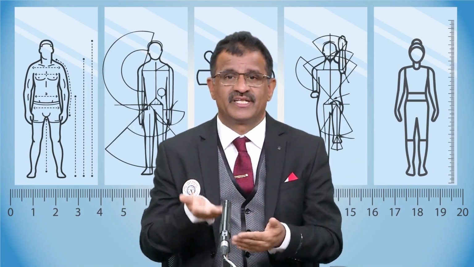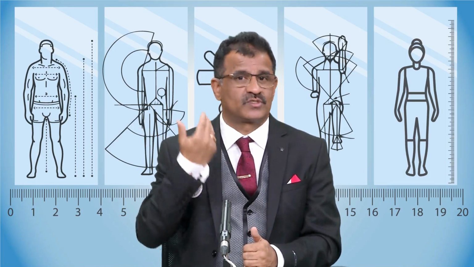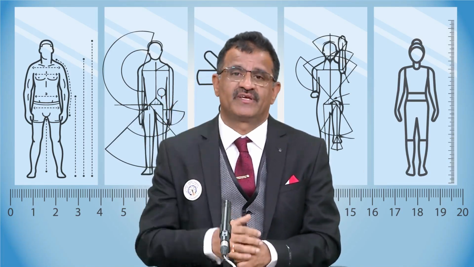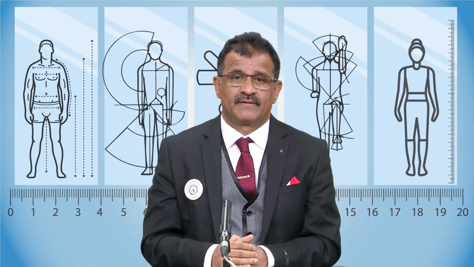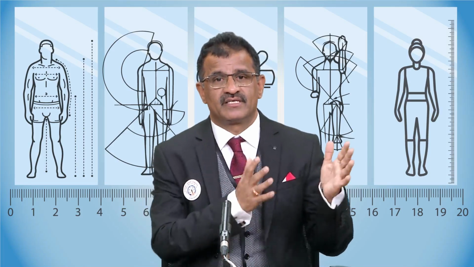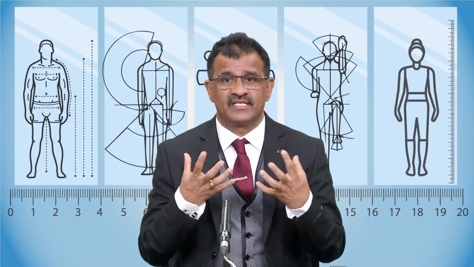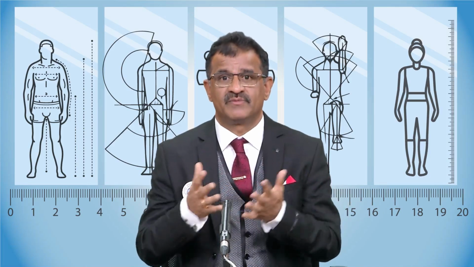So I told you in the beginning, eyebrows, the shape of nose, the shape of ears. Every feature is required in the study of homeopathic materia medica, where you have to study the drugs and find out the minimum.